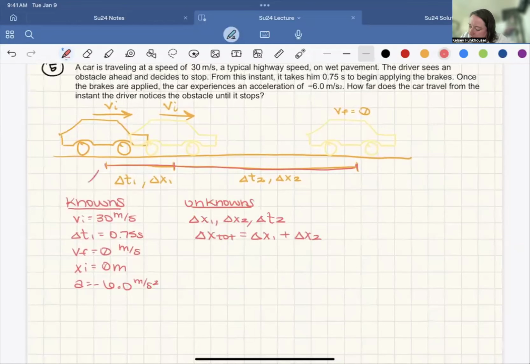So it's going to be from this position to that position. Oh yeah, and I did write this in the solutions: distance before hitting the brake, and distance while braking.